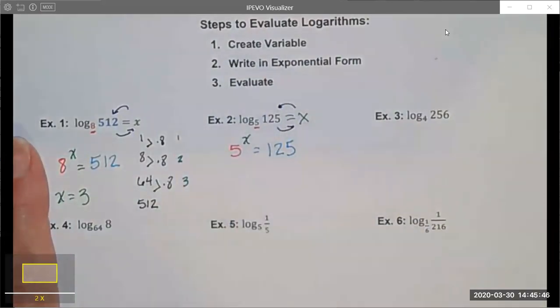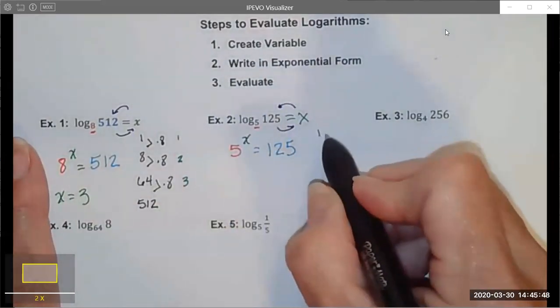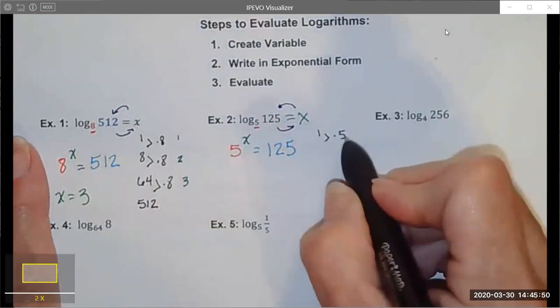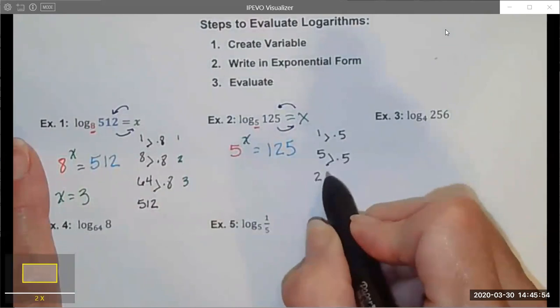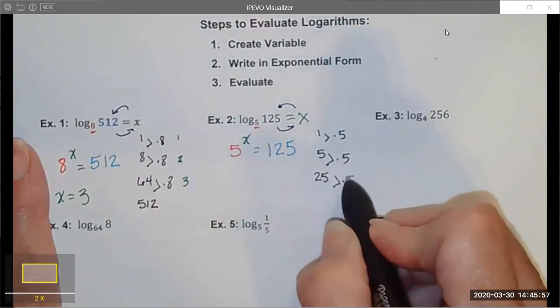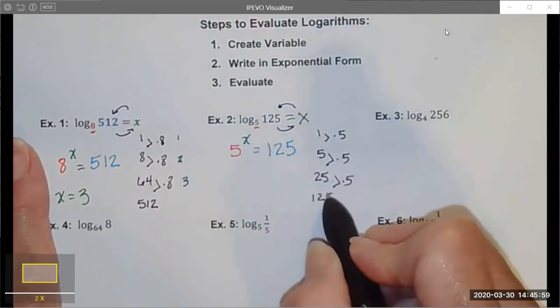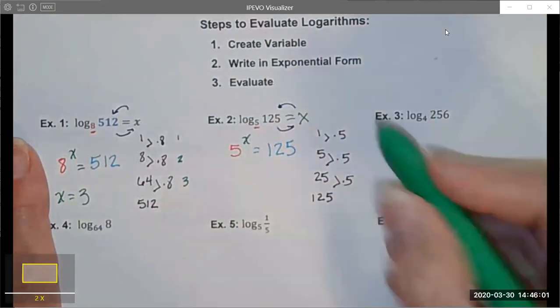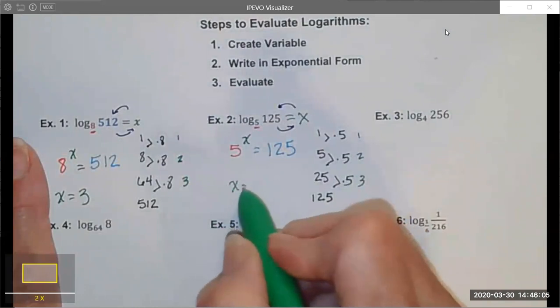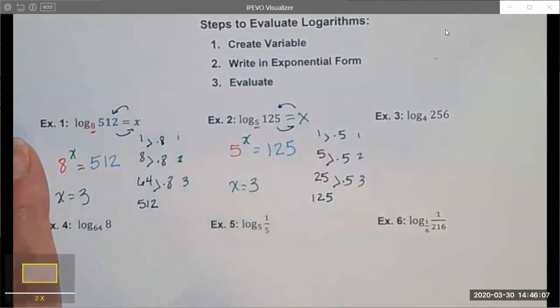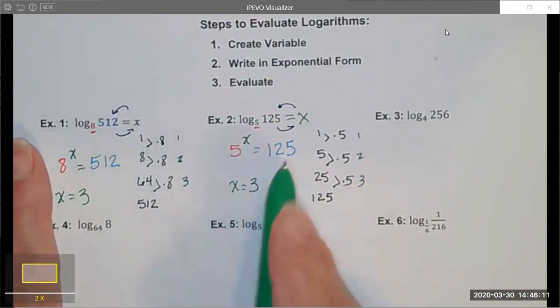Again, your calculator's your friend, but if you want to do it by hand, you can. 1 times 5 is 5, times 5 is 25, and times 5 again is 125. Count them up, 1, 2, 3, and again, coincidence, x equals 3. 5 to the third power is 125.